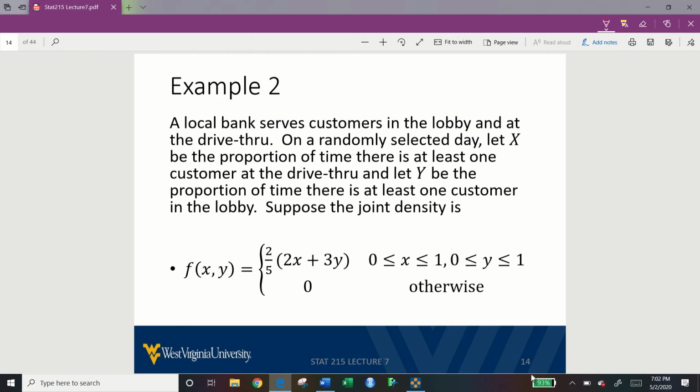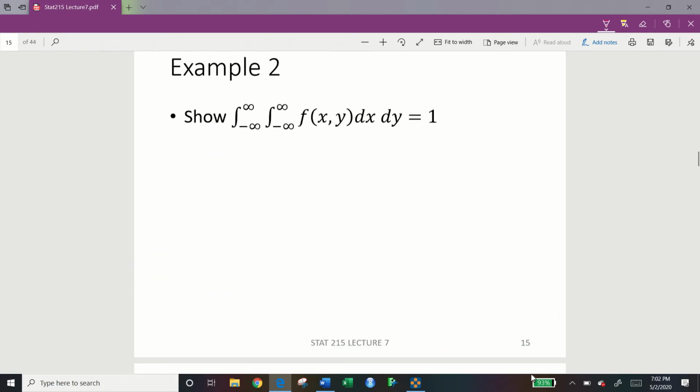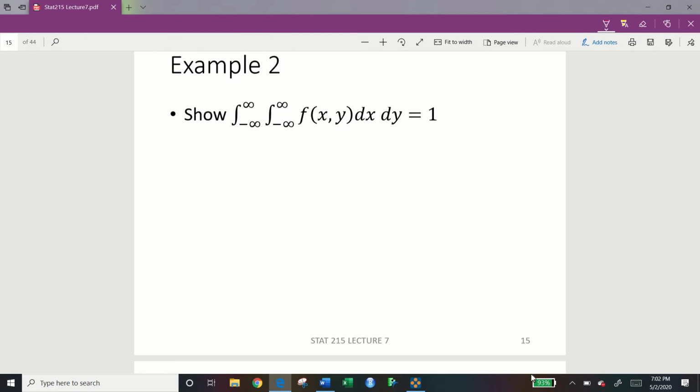Suppose the joint density function is f of (x, y) equals 2/5 times the quantity 2x plus 3y on the bound 0 less than or equal to x less than or equal to 1, 0 less than or equal to y less than or equal to 1, and 0 otherwise. To start off, we want to show that the double integral from negative infinity to infinity of f of (x, y) dx dy equals 1.